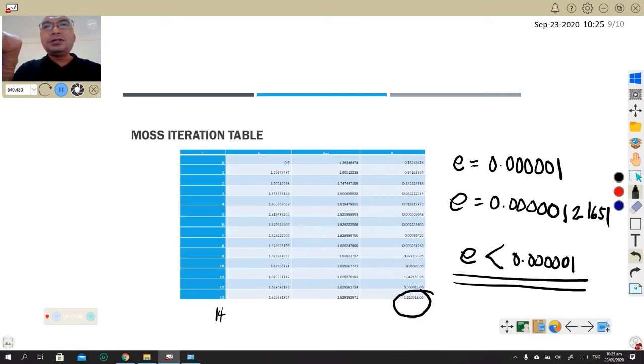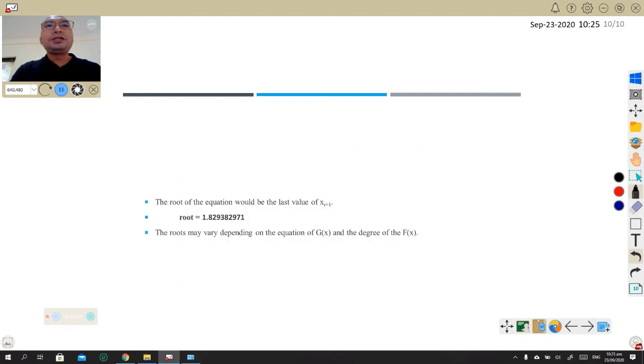So we need iteration number 14, or even iteration number 15, in order for us to arrive at an error which is less than the required error. Then the root of the equation will be the last value of your xi plus 1.